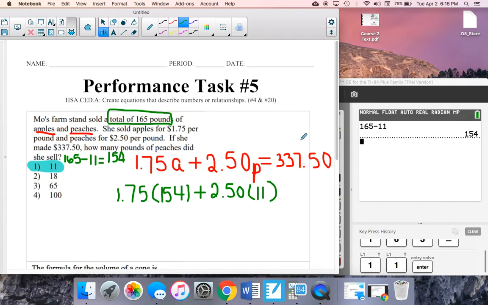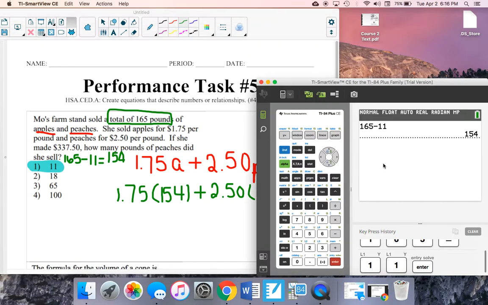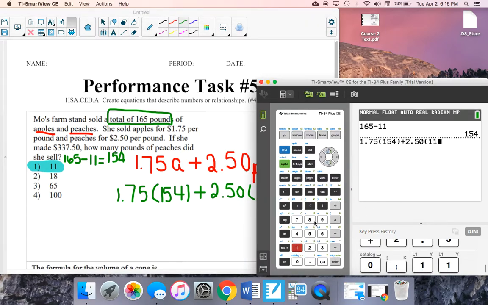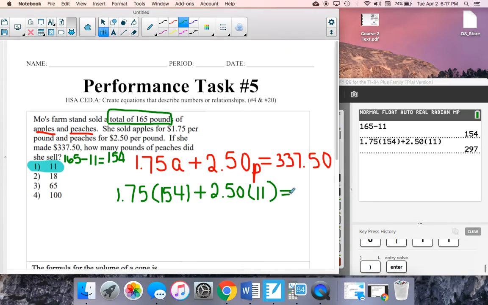Is that equal to $337.50? Let's use our calculator to figure it out. Enter it into your calculator exactly as you have written. So plus 2.50 times 11. What this is saying is that if she buys 154 apples and 11 peaches, it's going to cost her $297.